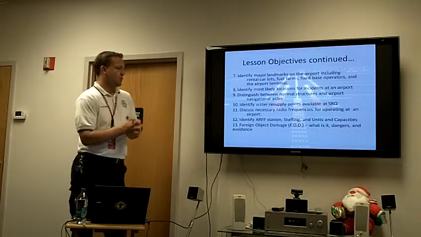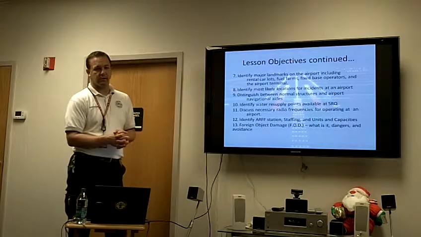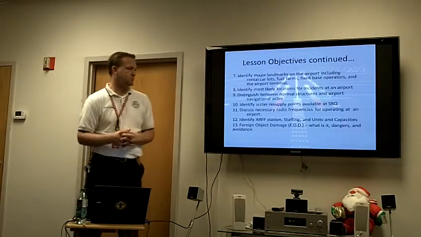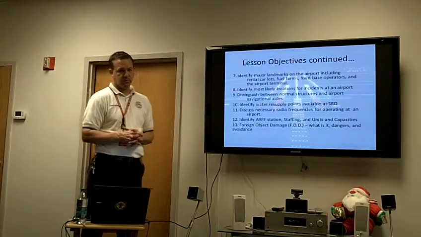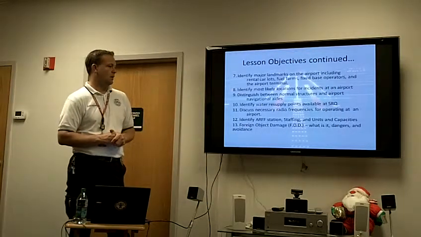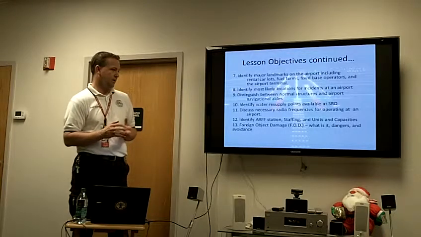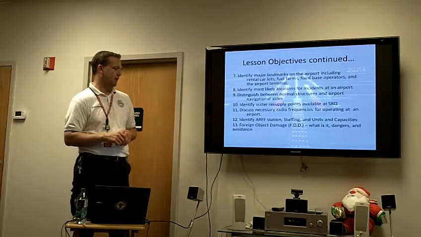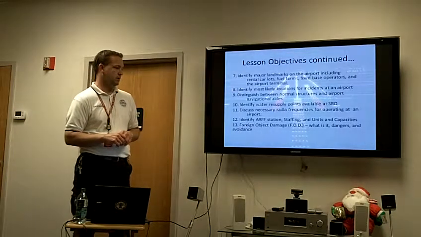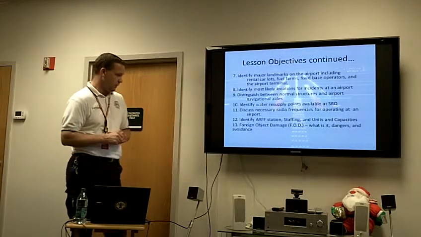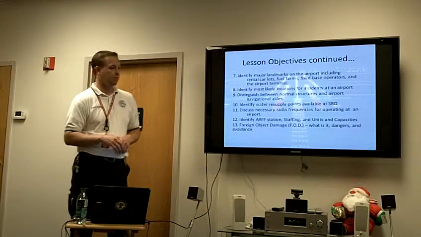We're going to identify water resupply points available at SRQ, as well as discuss the necessary radio frequencies for operating at an airport, specifically SRQ. We're going to identify the ARF station, staffing, units and capacities that we have here, and lastly, but certainly not least, foreign object damage or FOD. What is it? Dangers and avoidance.